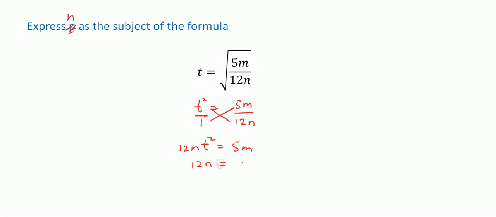So we end up with 12n is equal to 5m over t squared. And in order to make n the subject, we need to divide both sides by 12. So this becomes n is equal to 5m over 12 t squared. Okay, so that is it with changing the subject of the formula.